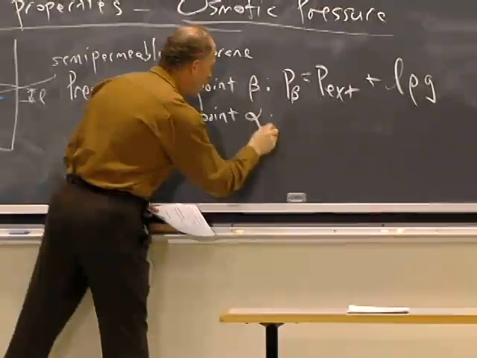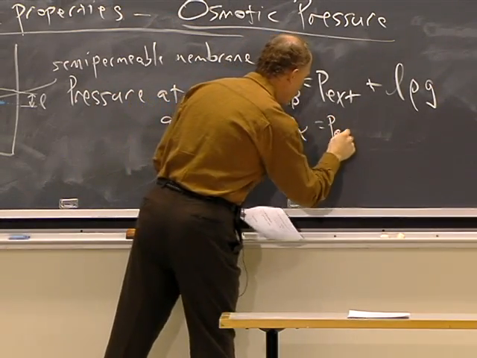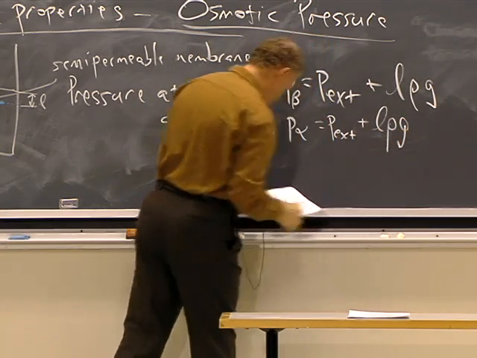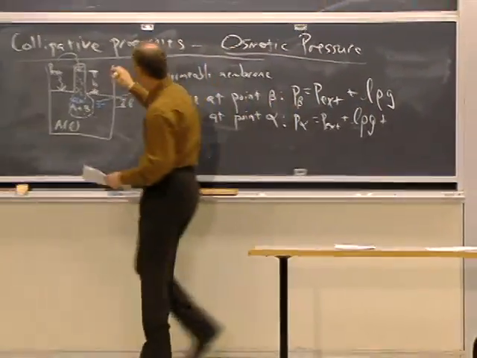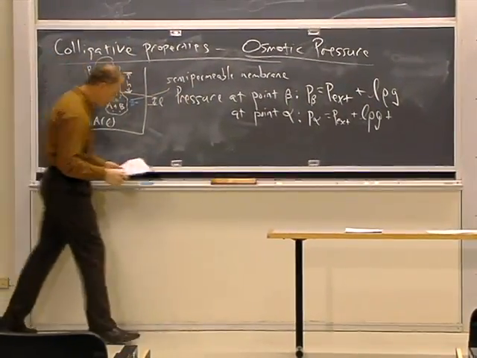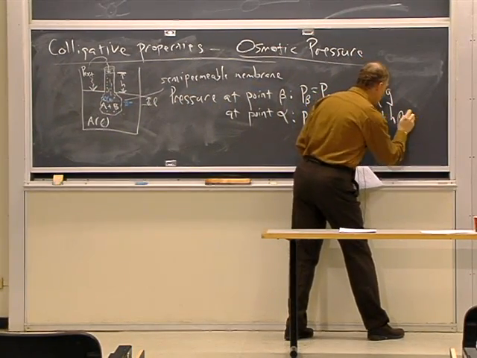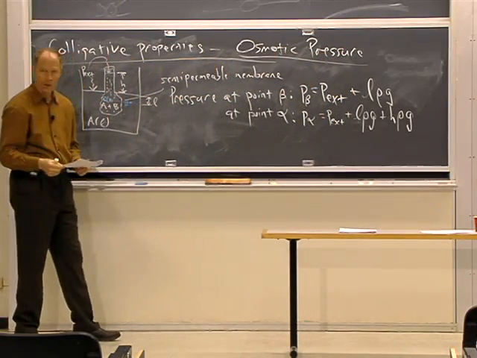at point alpha. So P alpha, and that's P external plus L rho G. But now there's this additional height on top of that, right? So there's also H rho G. There's an extra pressure, right?